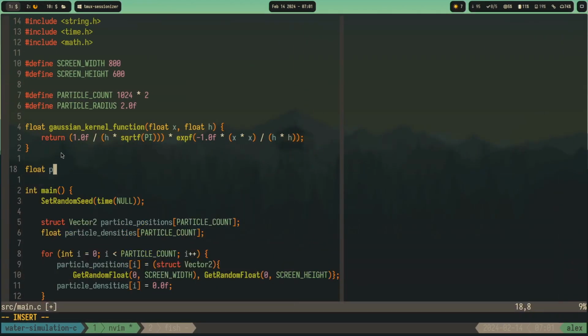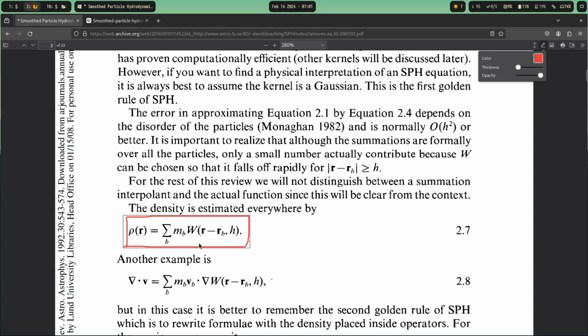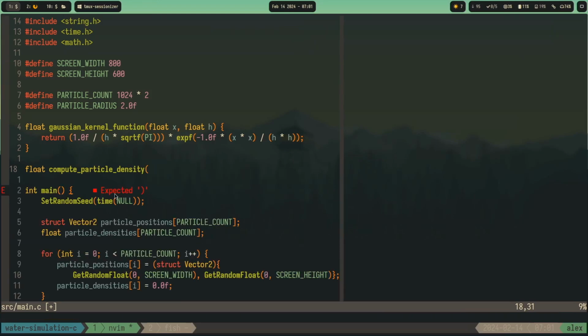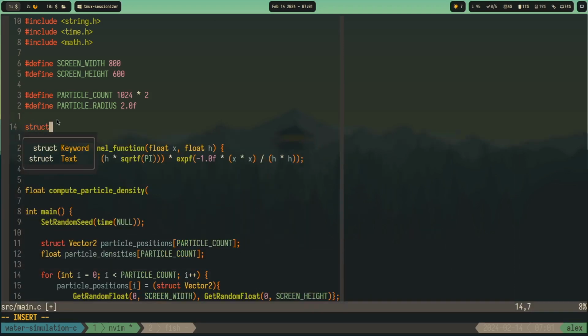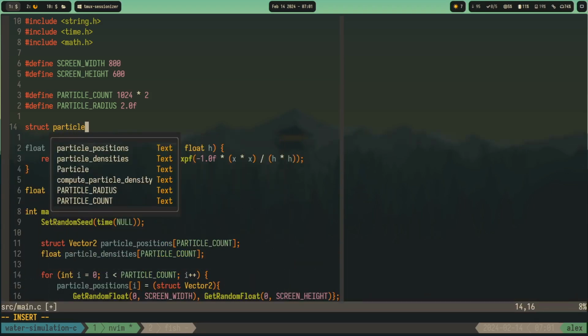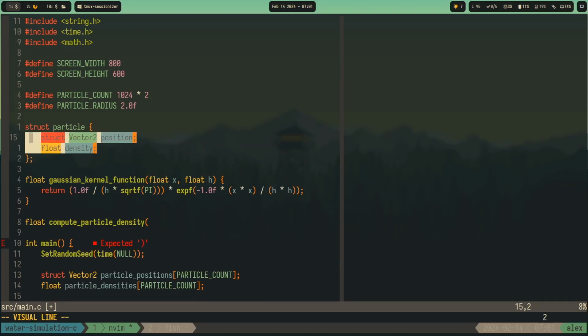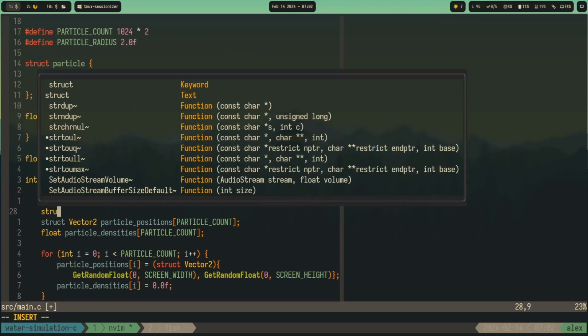That computes particle density, and I think I want to have that structure at this point. So let's say struct particle. We are going to need position and density, and let's do that.